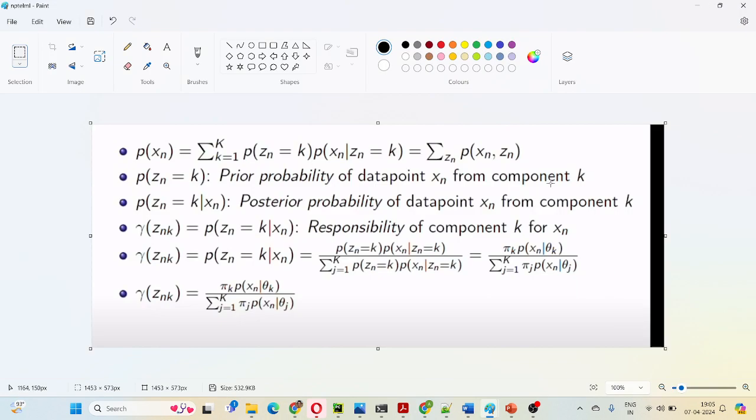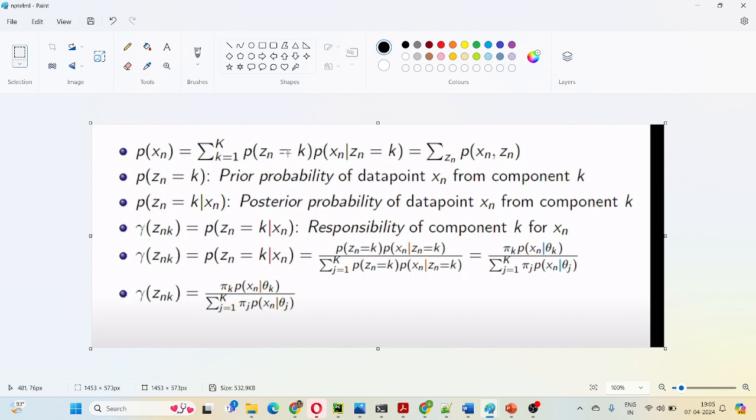Actually, this is just probability theory. Conditional probability with this Zn, summed over k, where k is denoted by the Zn. So Zn will not be in this result. We had done this as well.